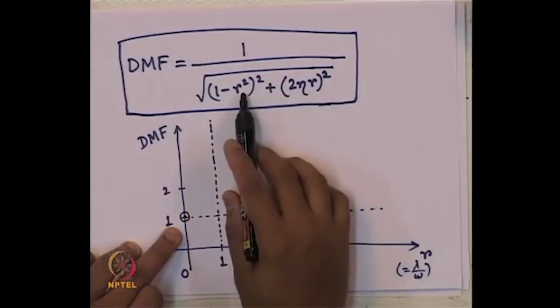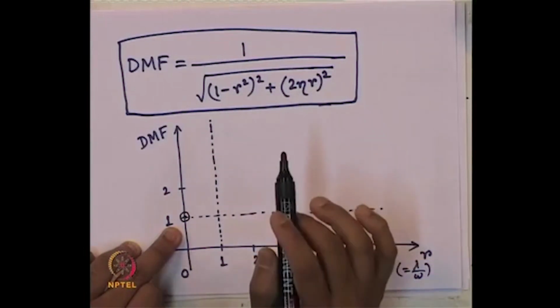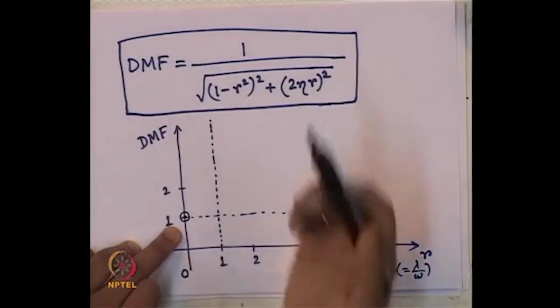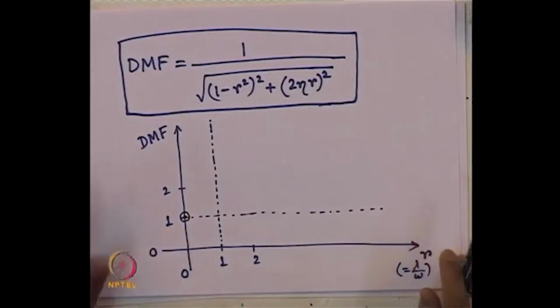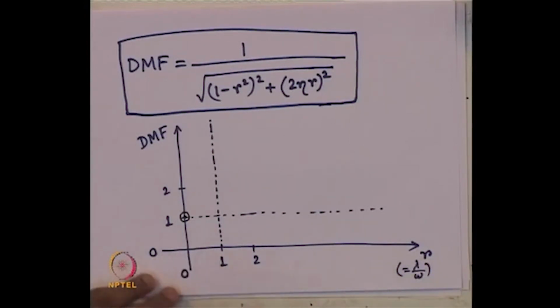If you put r as 0 here, eta is having some value, but we still have a dynamic magnification factor of 1, which is justified physically, because without any forced vibration or applied dynamic load on the system, the long term displacement should equal the static displacement, nothing more than that. So, that is why it will always start from 1.